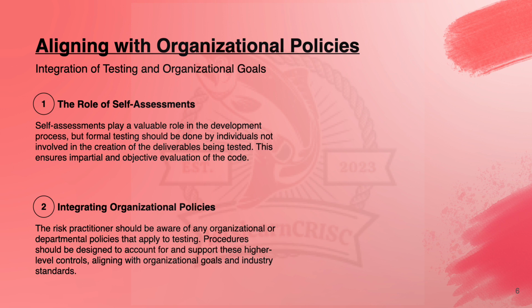So testing procedures should align with the broader goals and objectives of the organization. This ensures that testing activities contribute to the overall success and efficiency of the organization. So if one of the organization goals is to improve the customer satisfaction, testing procedures might include usability testing to ensure a positive user experience.